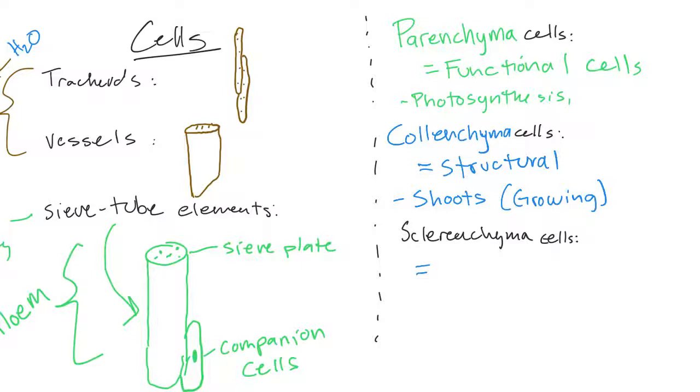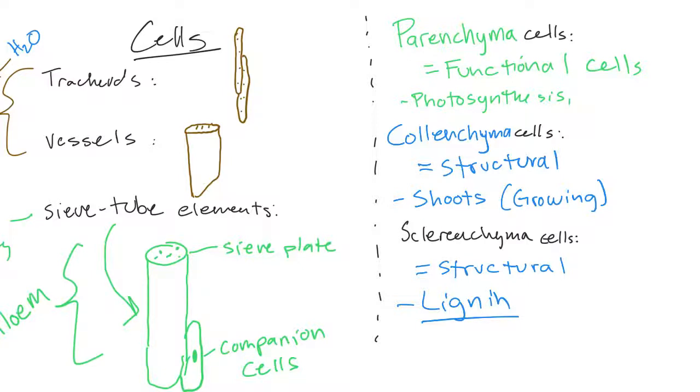Sclerenchyma cells are also structural. Okay, but they have lots of lignin. Okay, if it has lots of lignin, what does that mean? Okay, not necessarily tall, but very rigid.